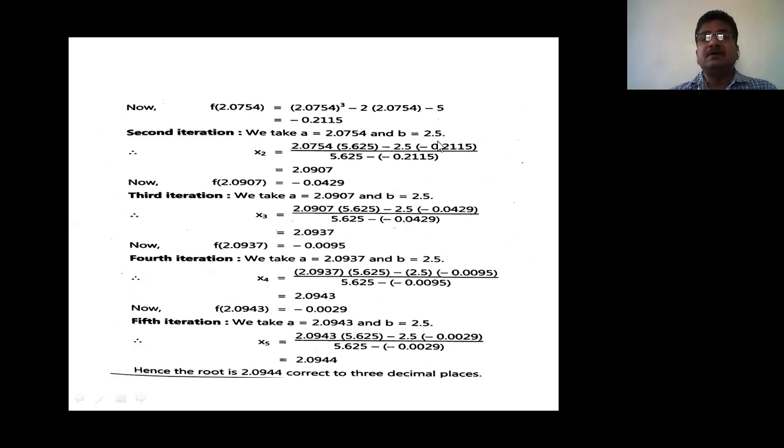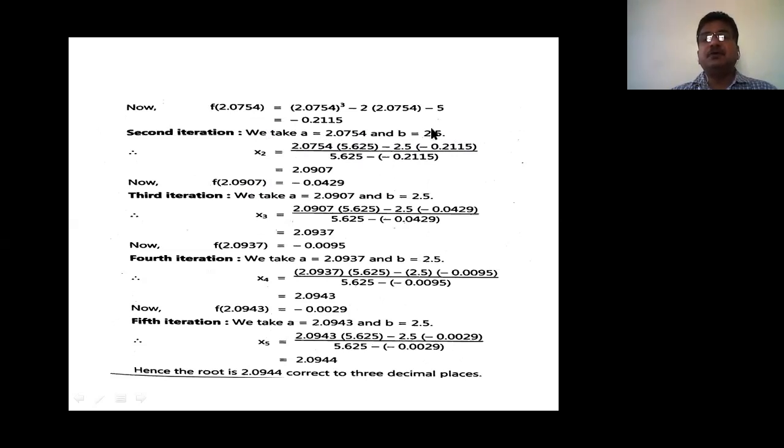And then x2 is what? Again, use this a and b and find f of a and f of b. So f of a is negative, 0.21115. Then substitute again the same formula, (a f of b minus b f of a) divided by (f of b minus f of a).